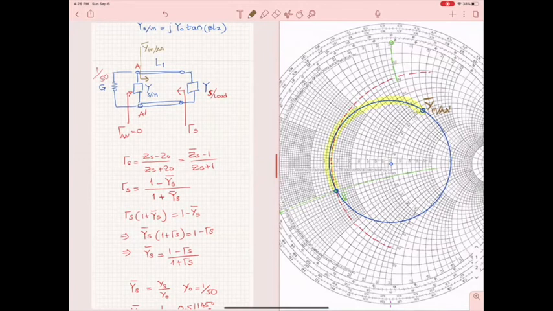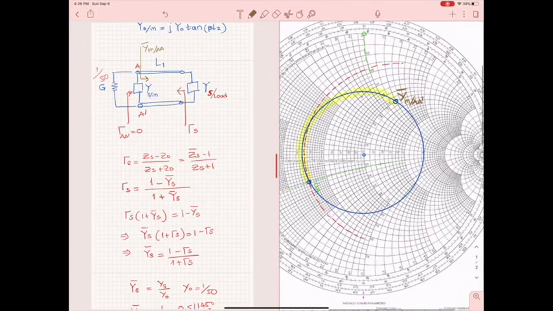And then from there, now I am on the constant normalized conductance circle of 1.